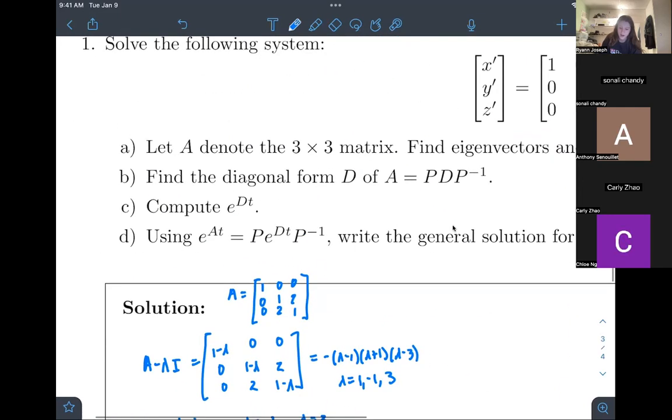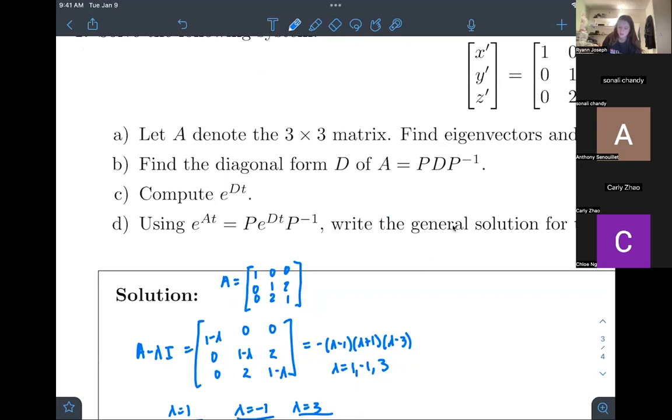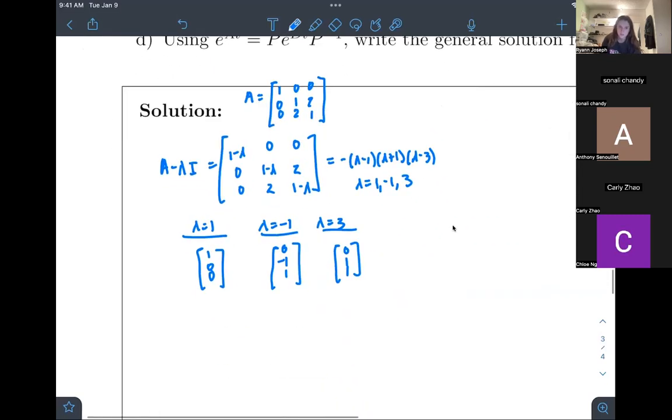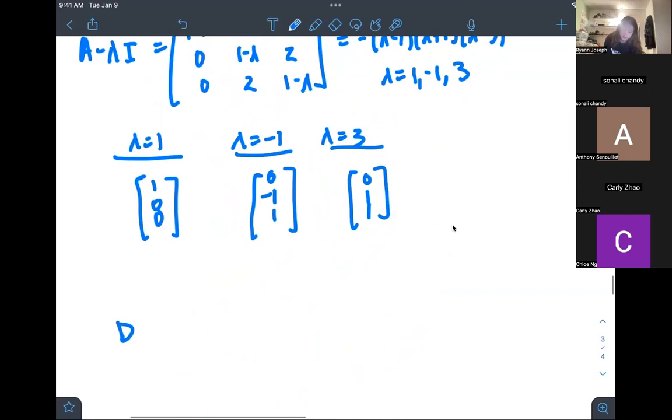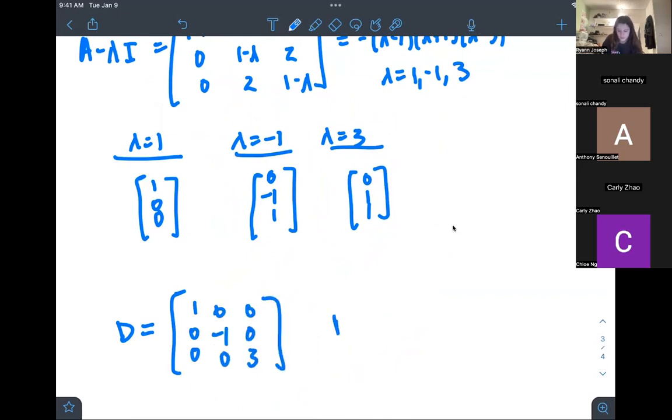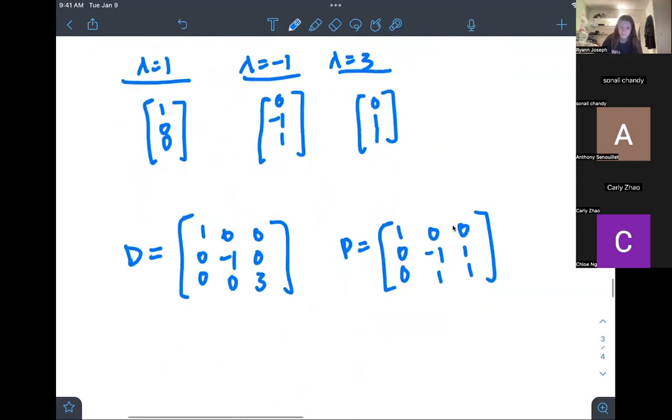Part B is find the diagonal form D of A, where A is equal to P D P to the negative 1. We know that D is our eigenvalues along the diagonal. So 1, negative 1, 3. And the associated P matrix is the corresponding eigenvectors in the corresponding columns.